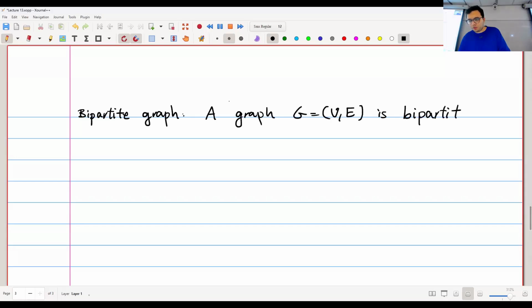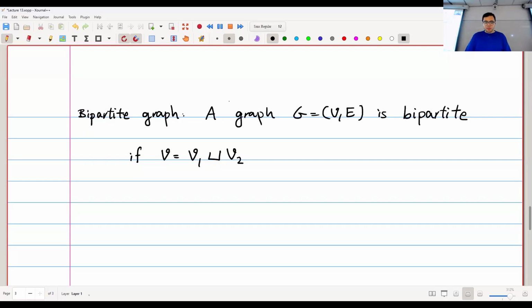Basically, it means that it has two parts, if I can take my set of vertices and divide it into two separate parts, V1 and V2. So this means disjoint union: V1 and V2 have nothing in common. There's no vertex in both of them. And my set of vertices is just V1 union V2.